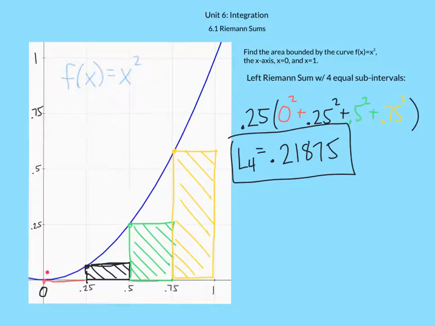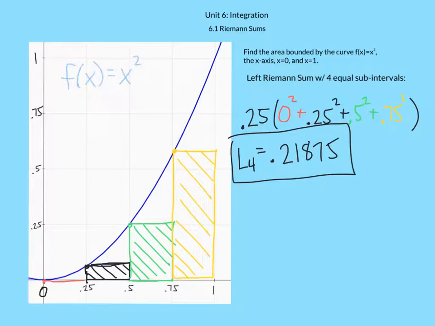We can clearly see that because our function is increasing, those leftmost heights are never going to quite reach the height that we'll eventually get to for that rectangle. So these rectangles are a pretty severe underestimate of the actual area.